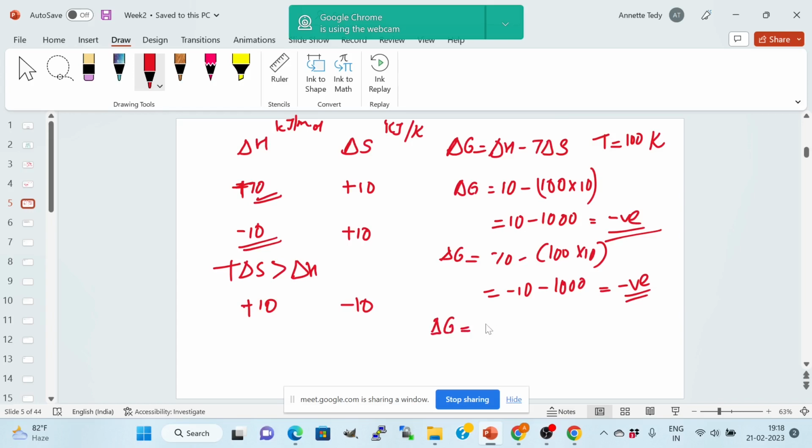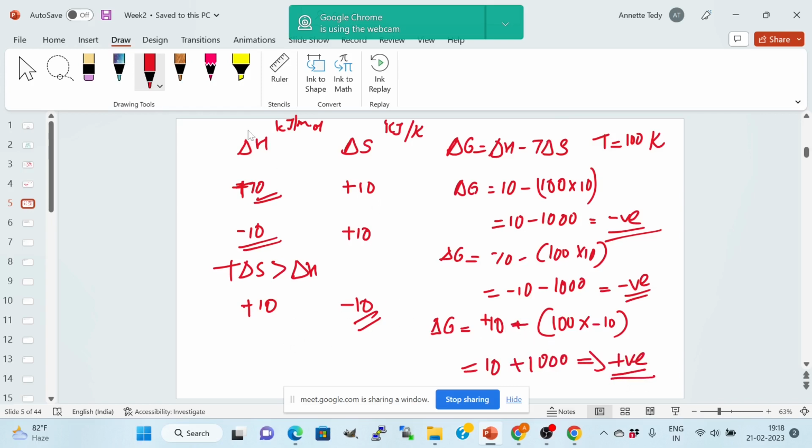So in this case, delta H is positive, but delta S is negative, right? So 100 into minus 10. So it will be 10 plus, because minus minus becomes plus, it will be 1000. So now it is becoming a positive value.